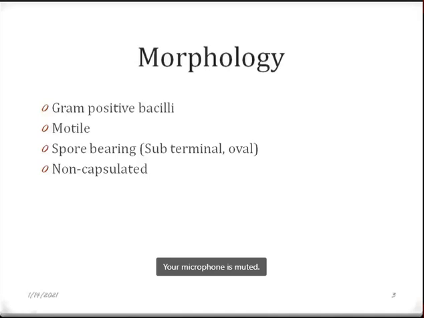So in morphology, Clostridium botulinum is gram-positive bacilli, motile, spore-bearing, and non-capsulated, with a subterminal and oval spore.